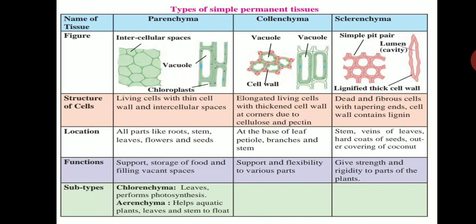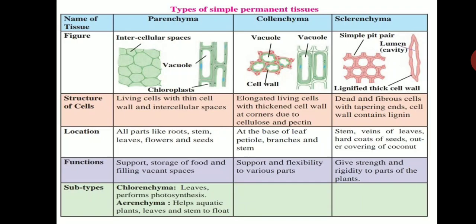So permanent tissues take a permanent shape, a specific structure, a location, and they perform a specific function. So these tissues are also called differentiated permanent tissues, which are formed from these differentiated cells.